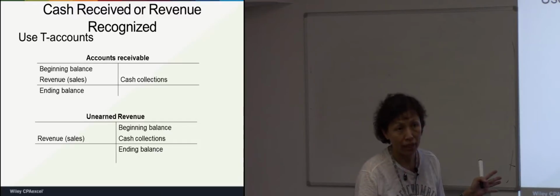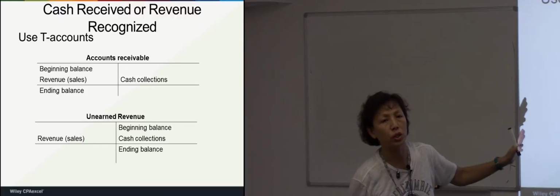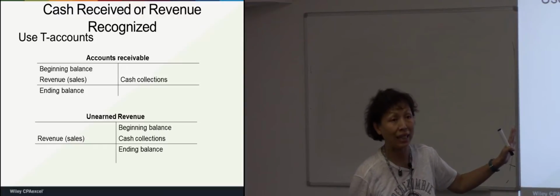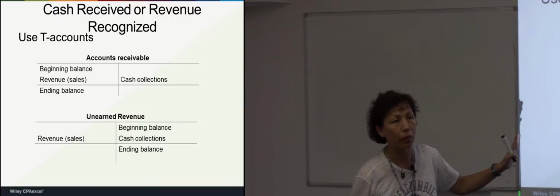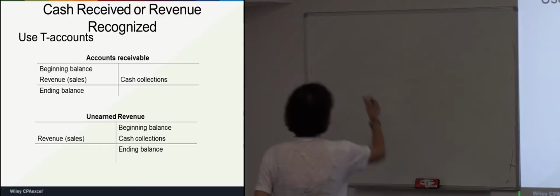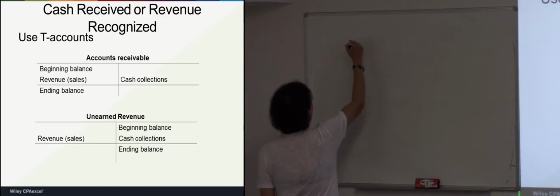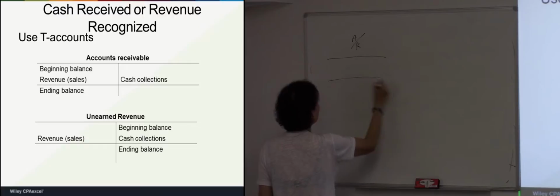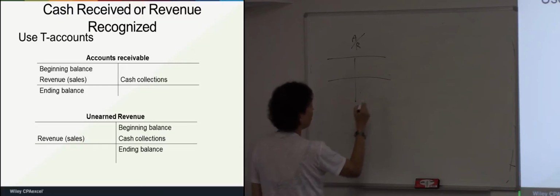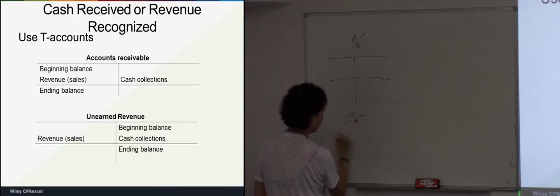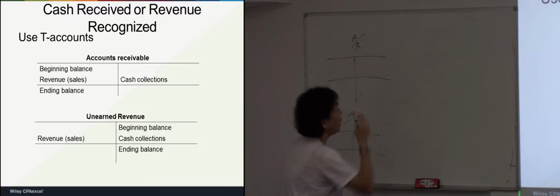And then the question asks you to compute the amount of cash received or the amount of cash paid. To solve this kind of question, you need to use the T account format. You know T account, right? For example, for accounts receivable, we have accounts payable, and we have accrued.